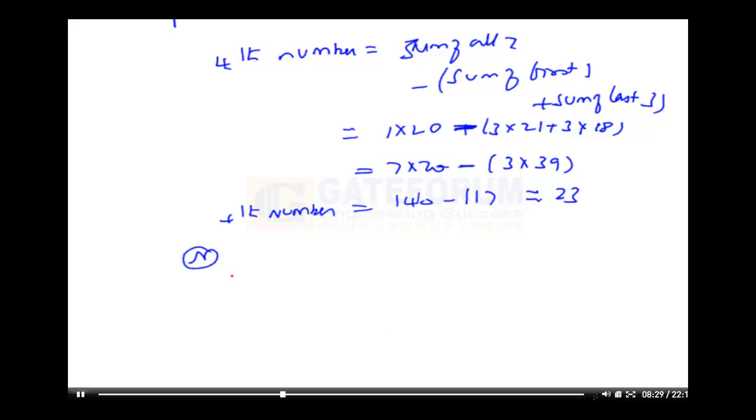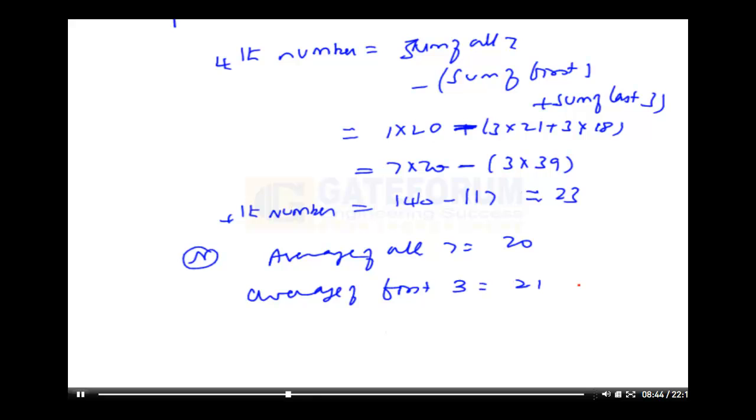The easy method would have been, average sums can be done easily if you go for net change. The average of all 7 is 20. The average of first 3 numbers is 21, so each number is 1 more. The average of last 3 numbers is 18, each one is 2 less.